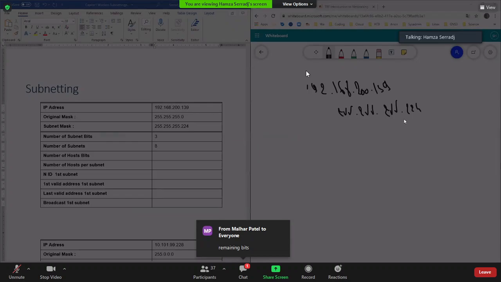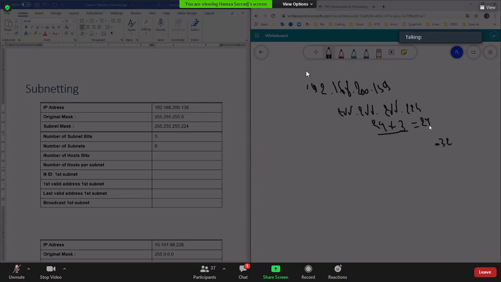So here I know that I have 8 plus 8 plus 8, so this is 24 plus 3. So all those go to the network. This is 27. The remaining bits are 32 minus 27, which of course gives me 5. So the number of bits for the hosts are 5.